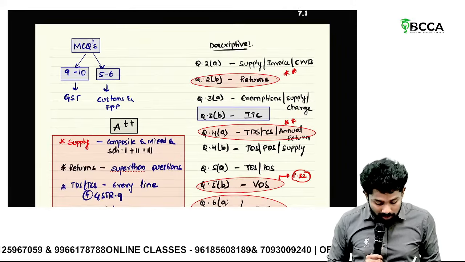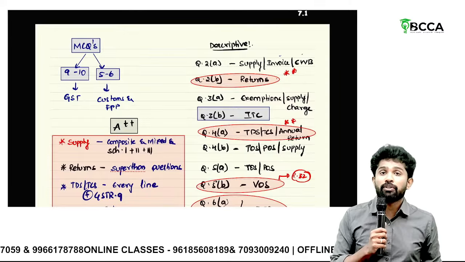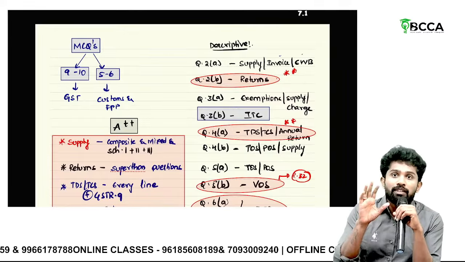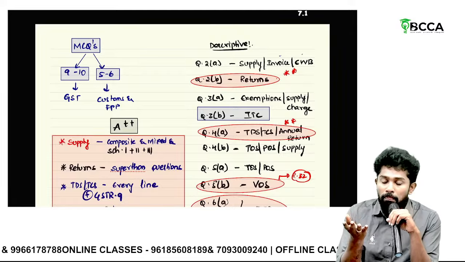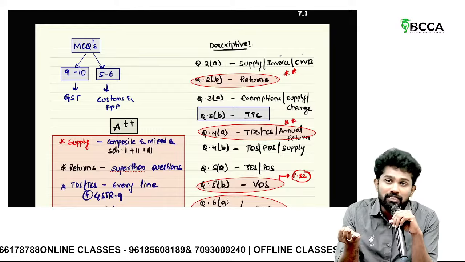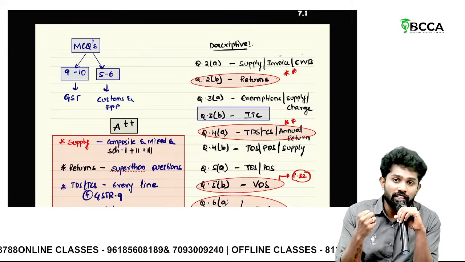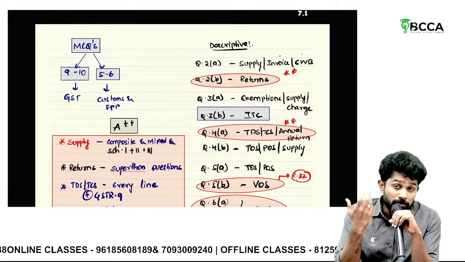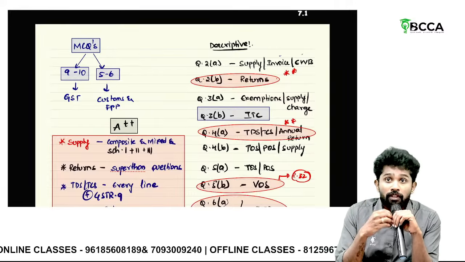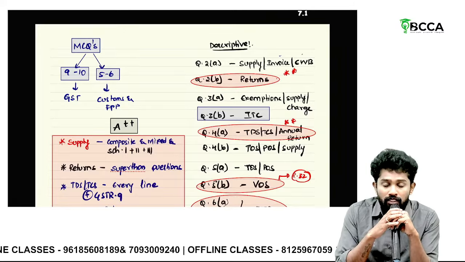So what are the other chapters? Supply, invoice, receivable, exemptions. Anyhow, basic chapters only you can do. Now advanced topics like demand and recovery, penalties, inspection, search and seizure, advance ruling, anti-profiteering, all these kinds of refunds, import and exports, whether these chapters can be focused or not.